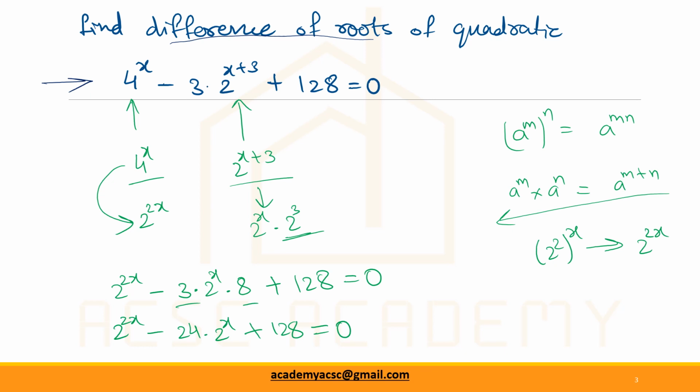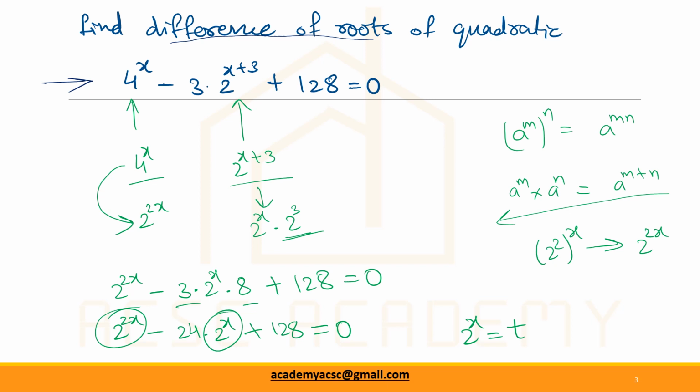So now we see something of the familiar form. Here we have a square term, here we have a linear term. So yes, now we can convert it into a quadratic equation. How? We can simply replace 2 raised to x with, let us say, t. Then what will be the advantage of doing that?